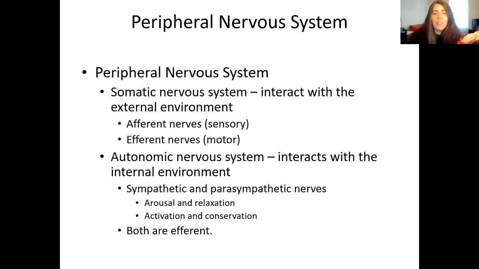Okay, so we're going to finish off with the peripheral nervous system, but I went over this previously when I was talking about the divisions. So again, the peripheral nervous system is outside of the brain and the spinal cord, and it is subdivided into the somatic nervous system. It interacts with the external environment.